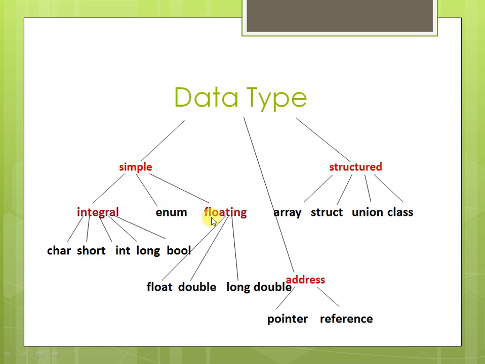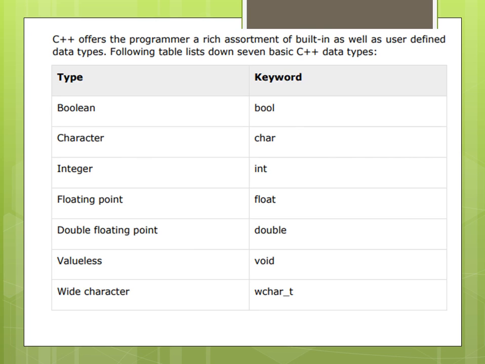We have enum, we have floating point, and within floating point or decimal points, we have float, double, and long double. Then we have the structured, also called derived data types: arrays, structure, union, and class. And if we use the address data type, we have the pointer and the references. We'll also explore all these data types in the coming videos.